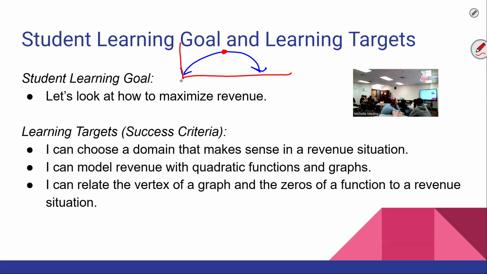So we saw that if they charge $0, obviously they're not going to make any money if they're giving it away for free. And then if they charge too much money, then no one's going to buy it. That's why there's 2 zeros for that. So you got to know where to look on your graph to find the answer.